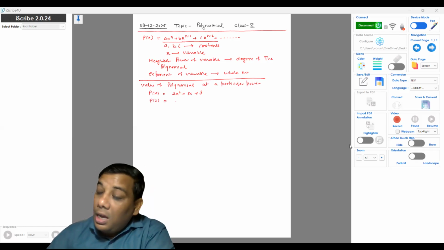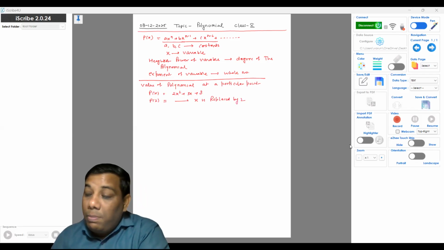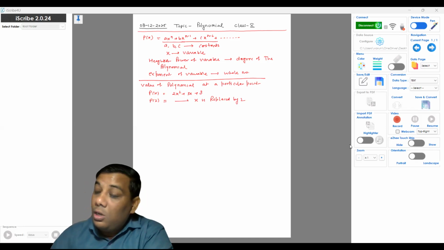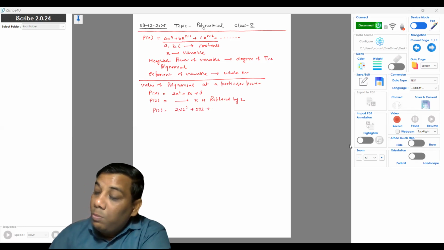It means x is replaced by 2, so we replace all the variables by 2. Then the value of p(2) is 2 into 2 squared plus 5 into 2 plus 8.